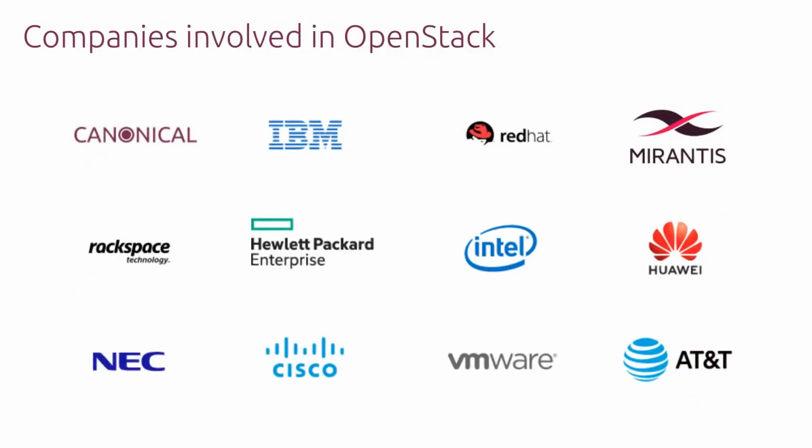Having a look at the companies involved in OpenStack, this is a really big ecosystem and a big community. There are companies coming from various market sectors. There are obviously OpenStack vendors such as Canonical, Red Hat, and Mirantis. There's Rackspace, which was one of the founding companies of OpenStack. But there are also hardware manufacturers such as HPE and Huawei.